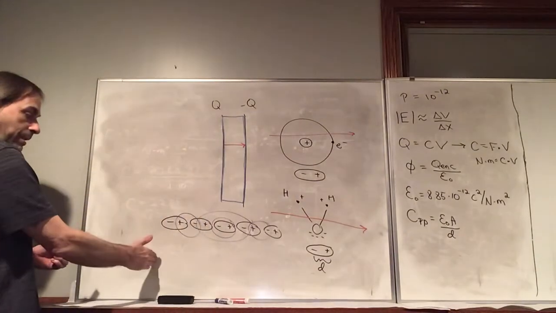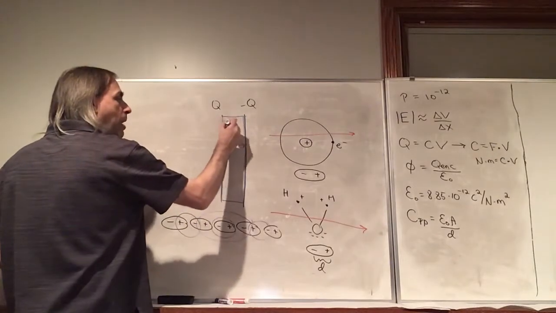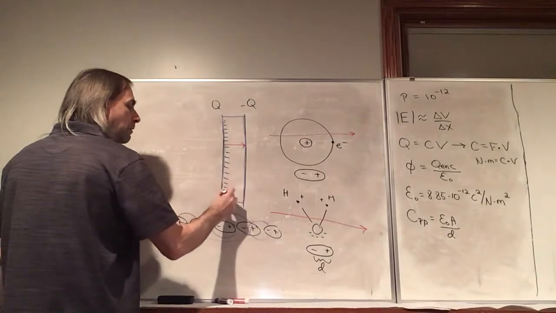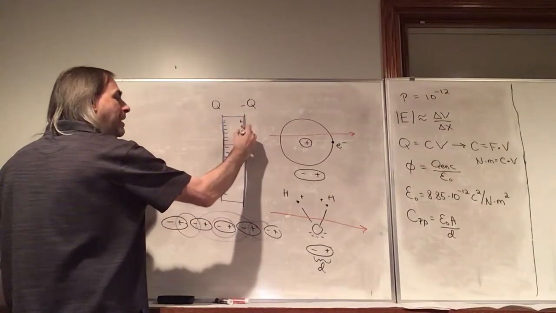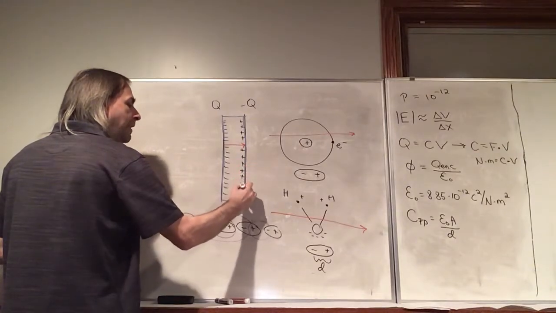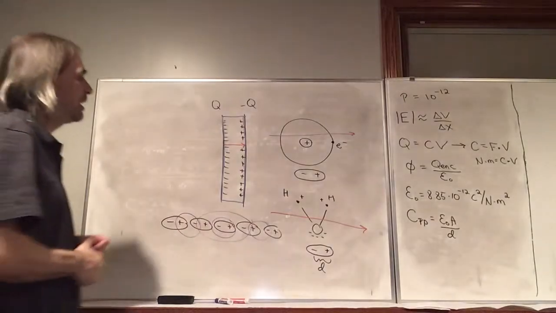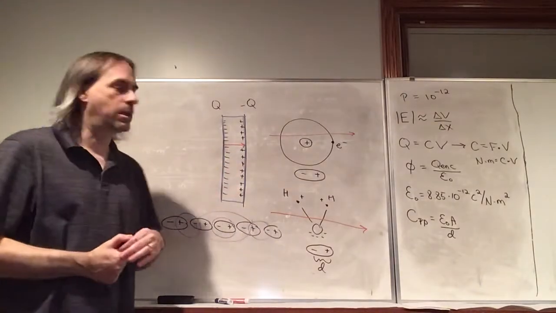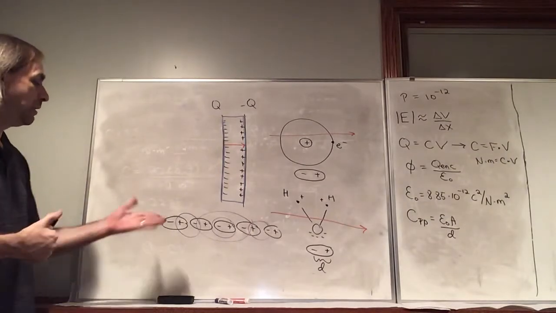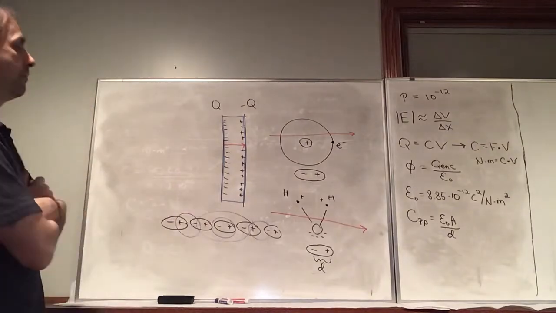However, at the ends, if you look at the end here, we're going to have a buildup of negative charge on this end, and a buildup of positive charge on this end. So in the middle, it's basically electrically neutral, because everything is shifted a little bit, but there's always a positive next to a negative.